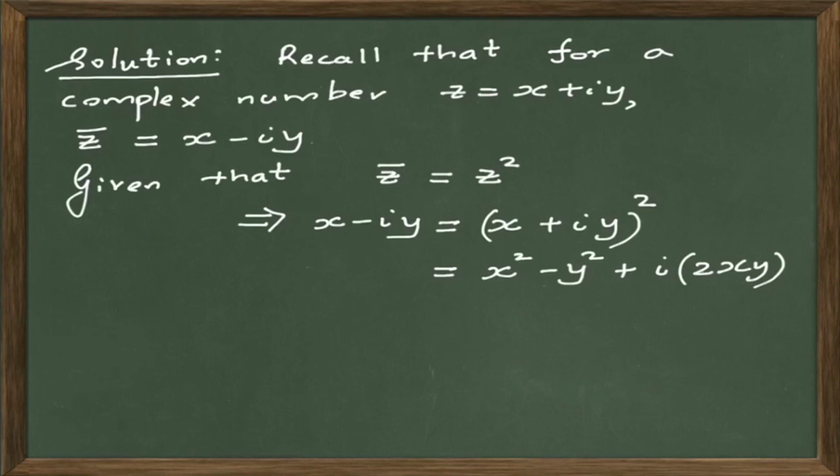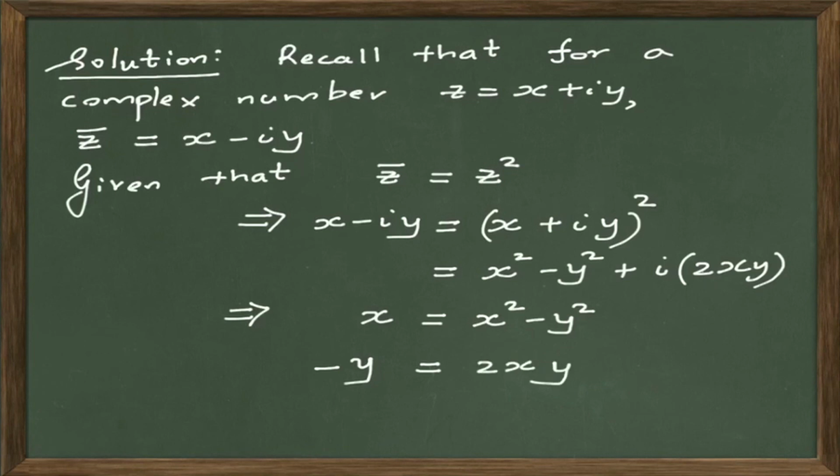Therefore, comparing the real and imaginary parts of this equation, we get that x is equal to x square minus y square and minus y is equal to 2xy. Let us label these equations as 1 and 2.